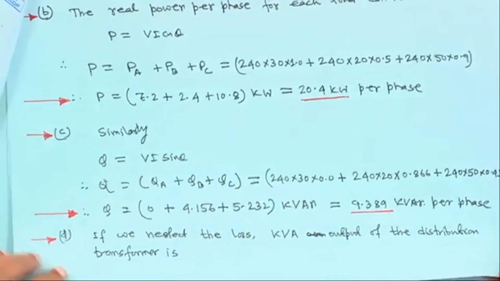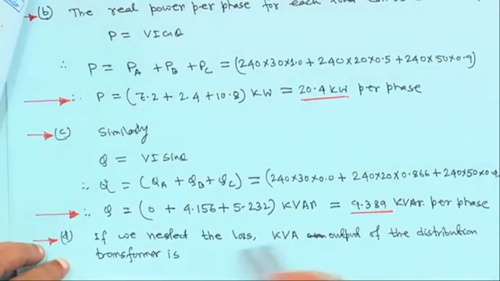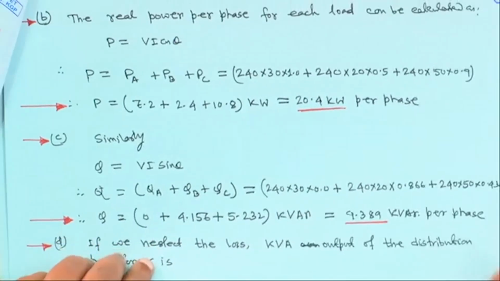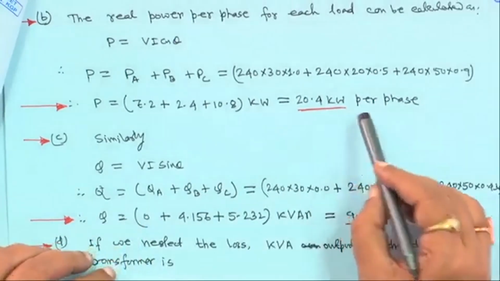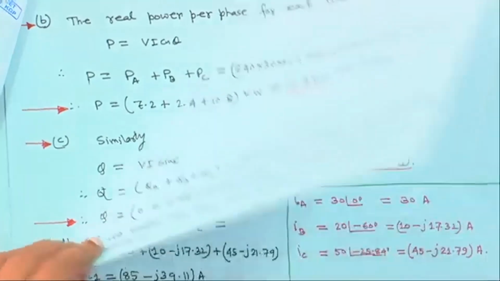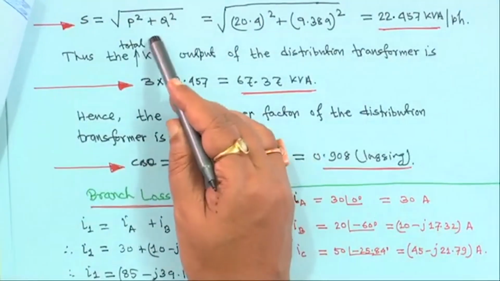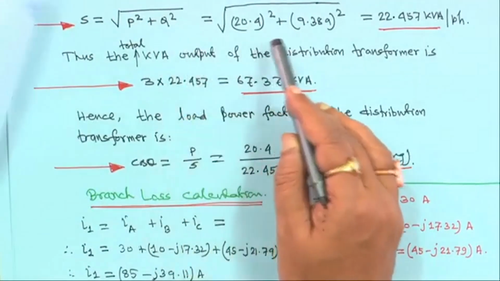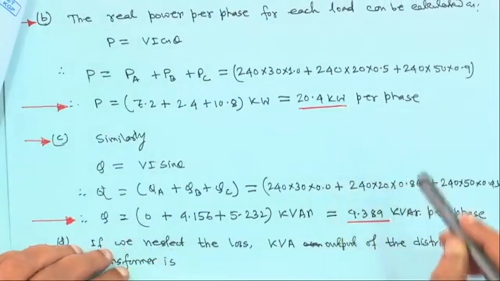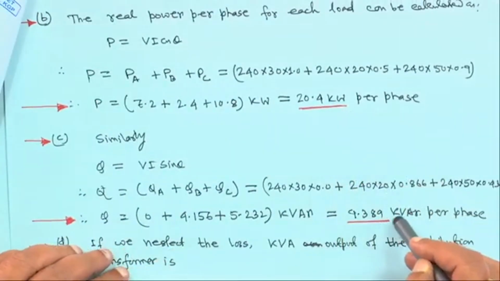Now, if you neglect the loss, the kVA output of the distribution transformer, suppose no loss is there. So, this is my P and this is my Q, right. Therefore, S is equal to root over P square plus Q square. P is coming 20.4 and Q is coming 9.3.